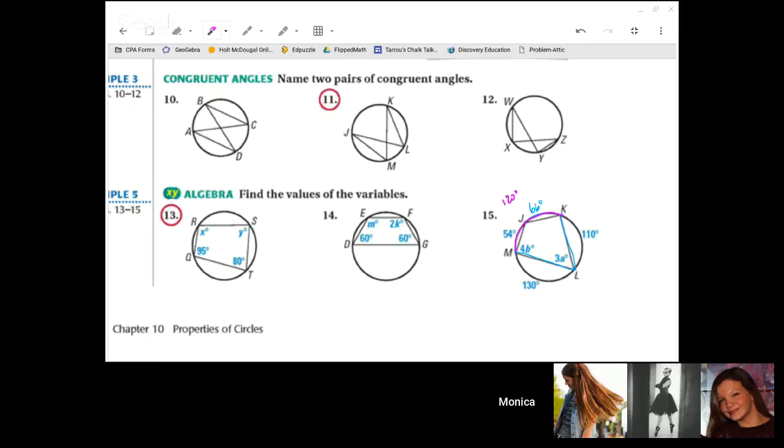Now, when we have an angle, remember that's on the circle, not on the center of the circle, but on the circle, like the angle L there, it equals 1/2 of the measure of the arc, right?